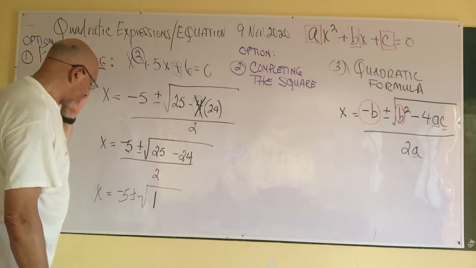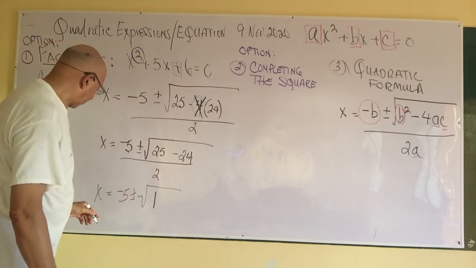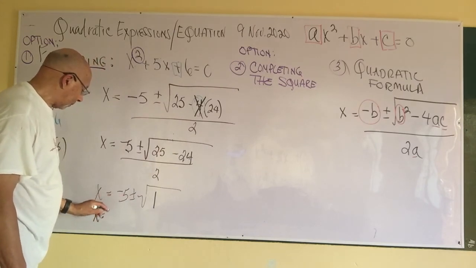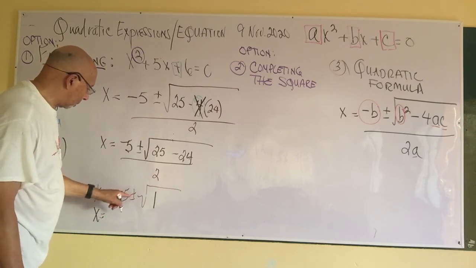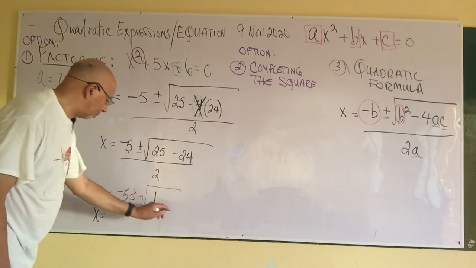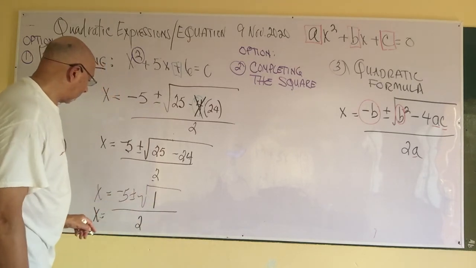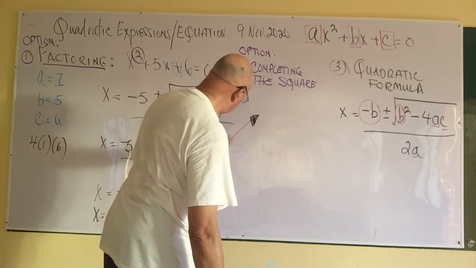The square root of 1 is 1 plus or minus. So I have x equals negative 5, oh, plus or minus 1 over 2 though. So my 2 is still there. So let's continue this right here.